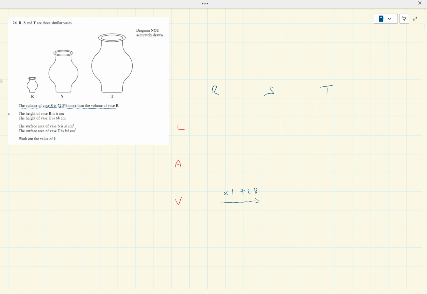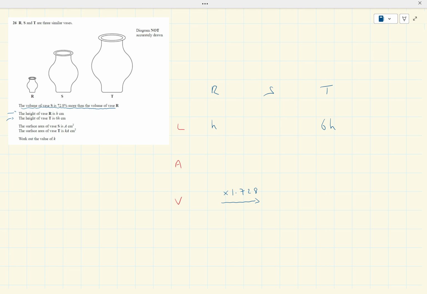Now, next we're told that the height of vase R is h. That's a linear measurement. The height of vase T is 6h. There we go, 6h.